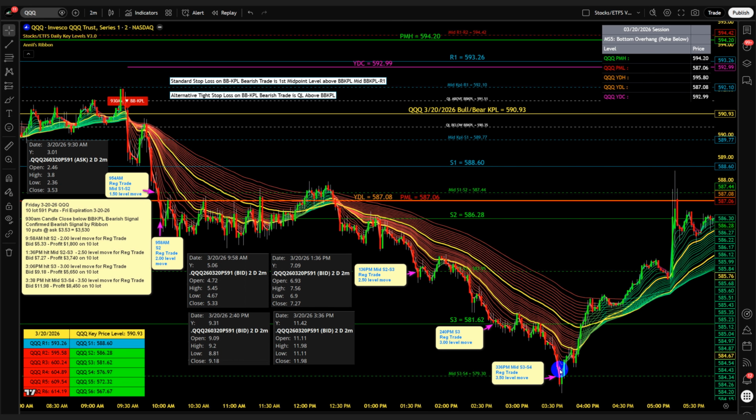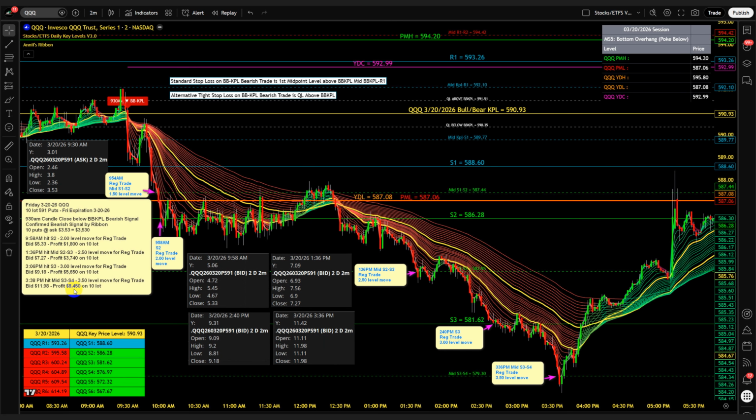For me personally, I find the candle close to be easier. Some people may find that the touch hit of the level is easier for them. So here on this candle, the bid on the close is $11.98. So on a 10 lot, that is a profit of $8,450.